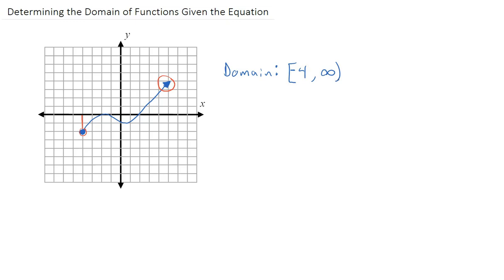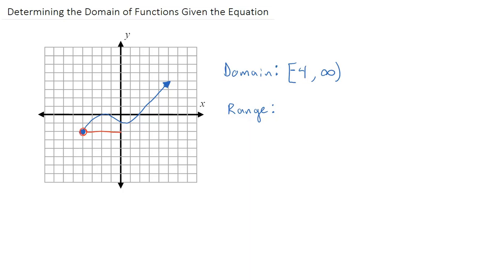For a range, we go through the same process, except we're going to be reading the values off of the y-axis. So again, with the range, we want to scan bottom to top, and the reason for that is because interval notation always needs to be expressed least to greatest. So the first point we hit, bottom to top, is going to be the same one we hit before, but this time we're going to read the value off the y-axis.